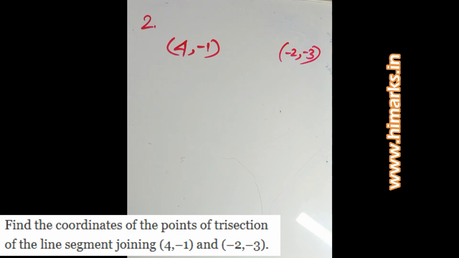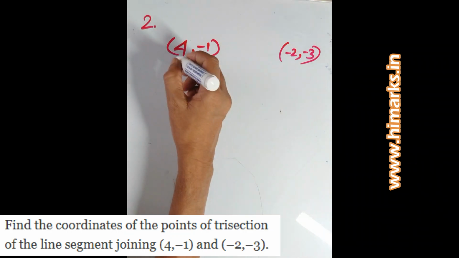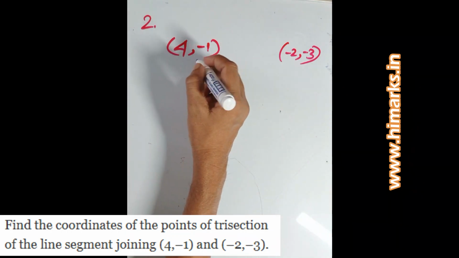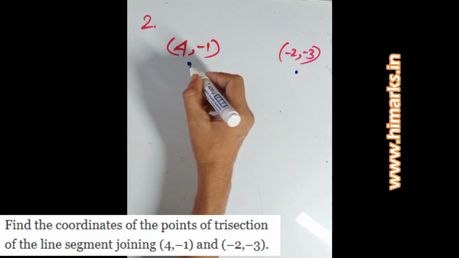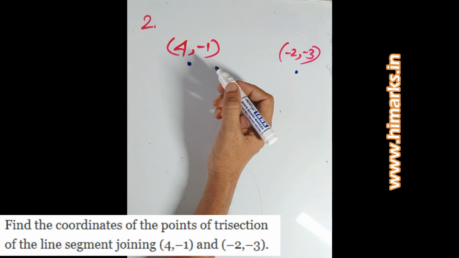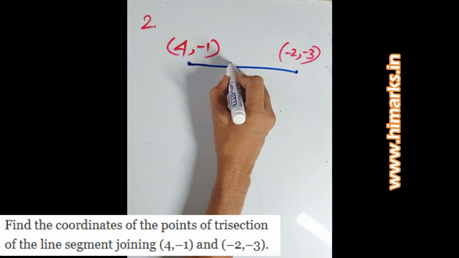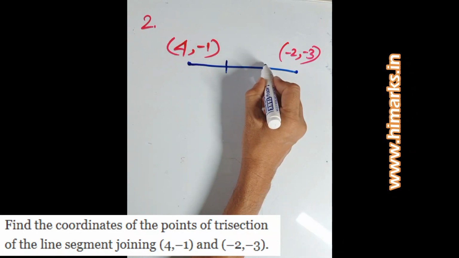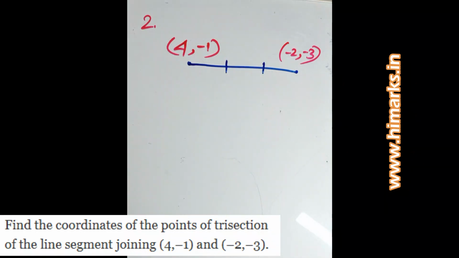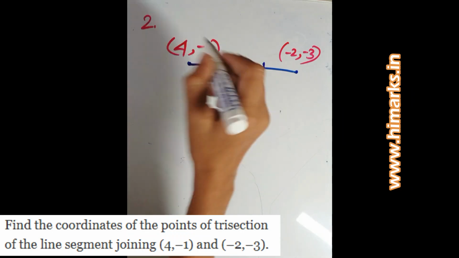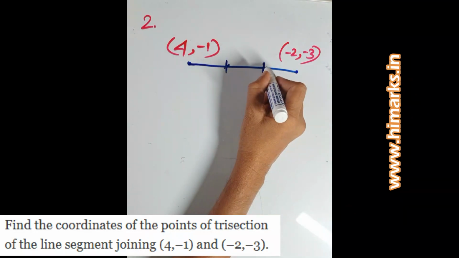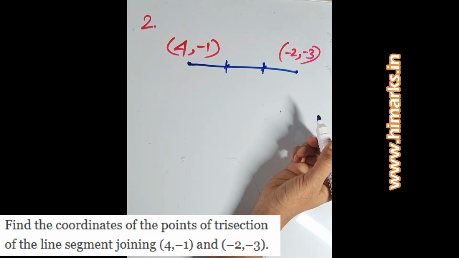So here, after this, the line is trisected, means it is equally divided into 3 equal segments. So now we ask what will be the coordinates of this point and this point.